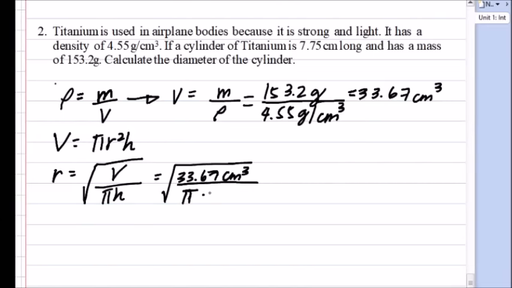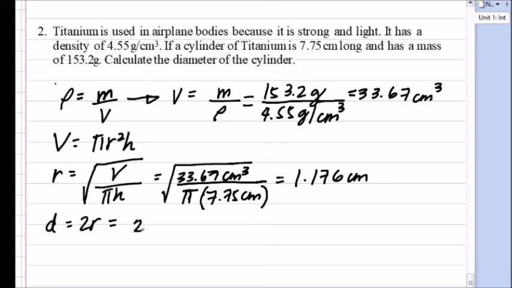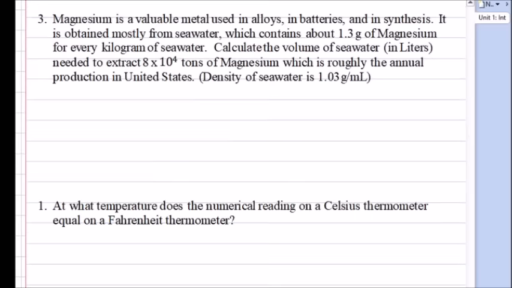So, yung height natin is actually yung length, no? Yung 7.75 centimeter. So, pag ginawa natin yan, magiging 1.176 centimeter. At dahil ang diameter is twice ng radius, so we can have 2 times that. So, 2.352 centimeter.